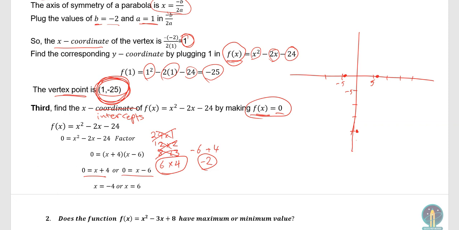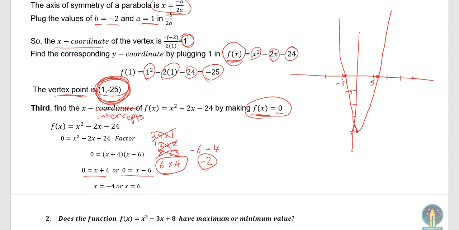So this is what our parabola looks like. Forgive my drawing, but there you go. It'll do this, and then it'll curve like this and do this. So it's a very narrow parabola, but this is an accurate representation of what it should look like.